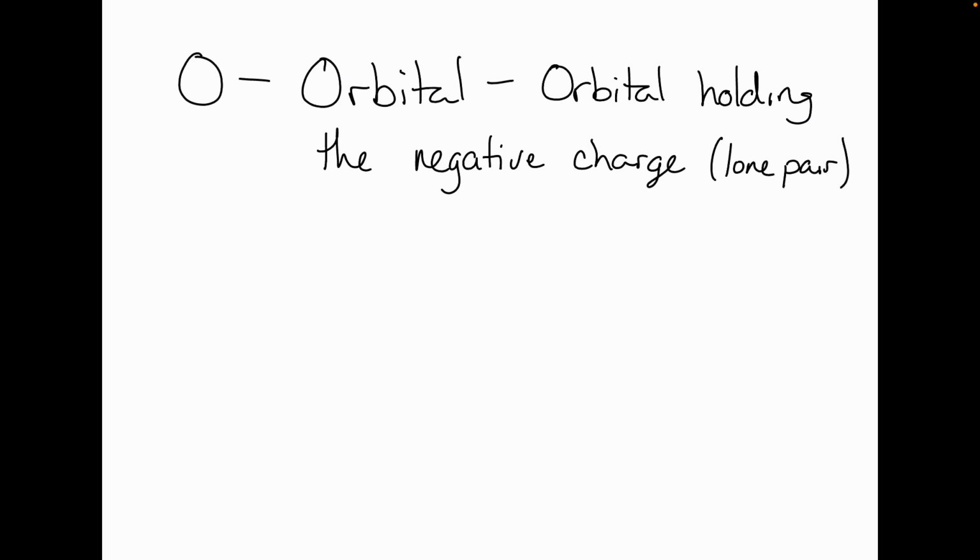Remember, when acids become their conjugate bases, they're always accepting that lone pair of electrons that used to be in that acid-hydrogen bond. Okay? And so it turns out that an sp hybridized orbital is better at holding negative charge than an sp2, which is better at holding negative charge than an sp3.